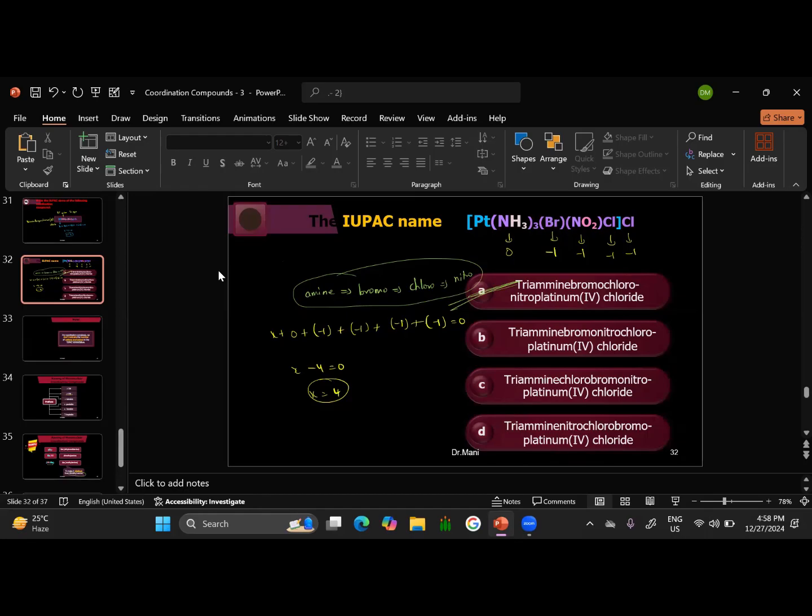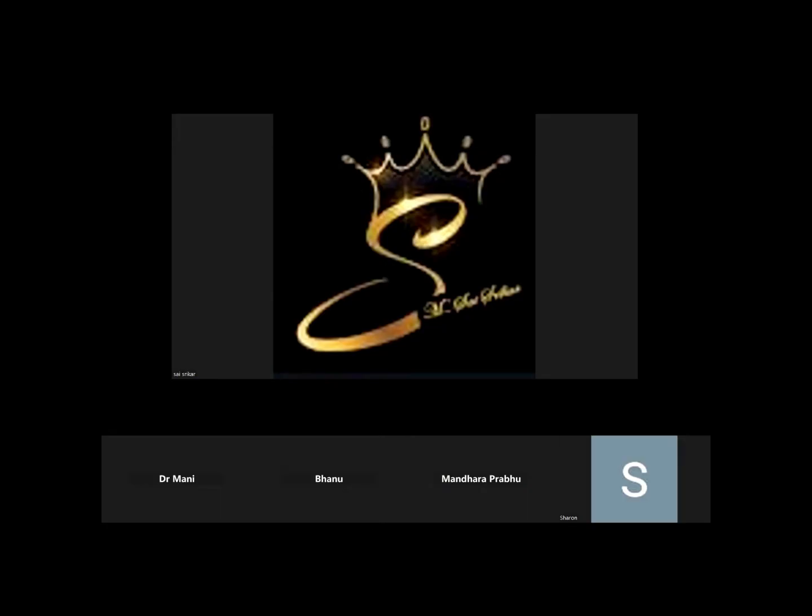See, potassium is not a central metal here. It will not come now. In the first slide, if you see, always use the cation as the first name when you have both the positive and negative. Do you remember the first slide that we started?